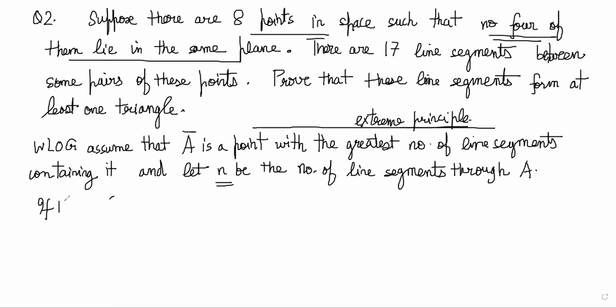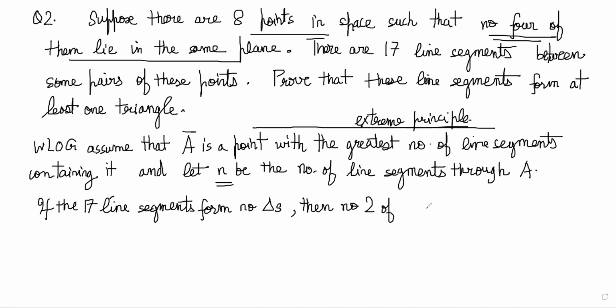if the 17 line segments form no triangles, then no two of the n points connected to A have a line segment between them.